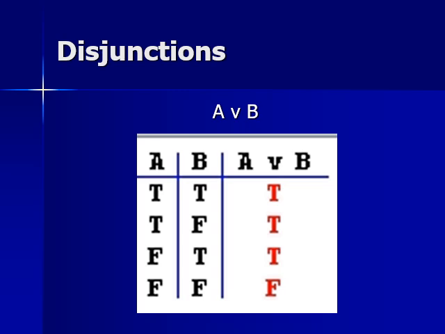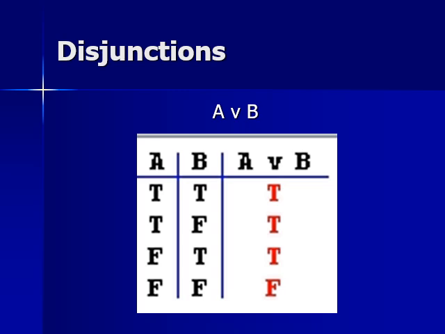If Betty's there but Alan is not, it's true again. What if neither one of them is there? Well then, it's false. And so that's what you've got. A or B is true except when both of the disjuncts, A and B, are both false. Pretty clear, pretty simple.